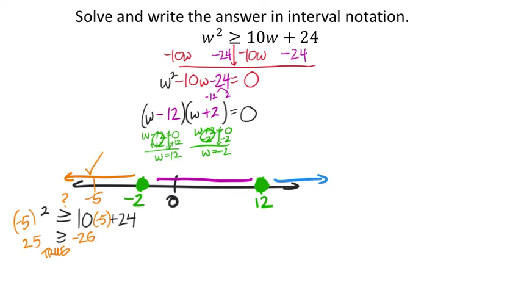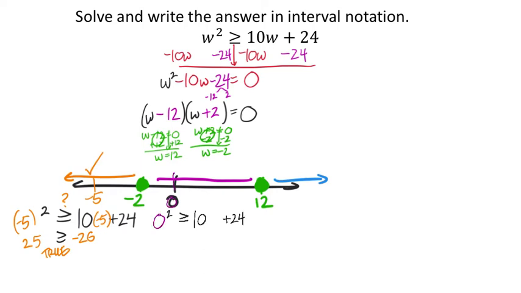All right, so that one's true. Now, like I said before, it should alternate, which means if this one's true, this one should be false, this one should be true. But we're going to make sure, especially since that middle value there is 0. So I'm going to use 0 on this next one. We're saying w squared should be greater than or equal to 10 times w plus 24. But now I'm going to test this with 0.